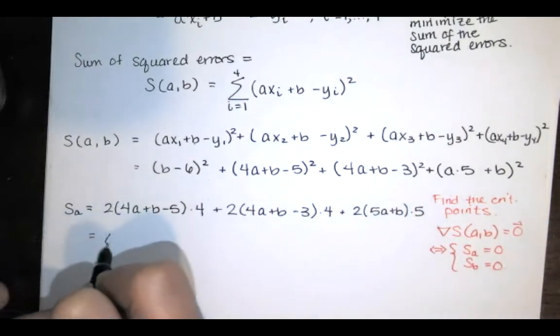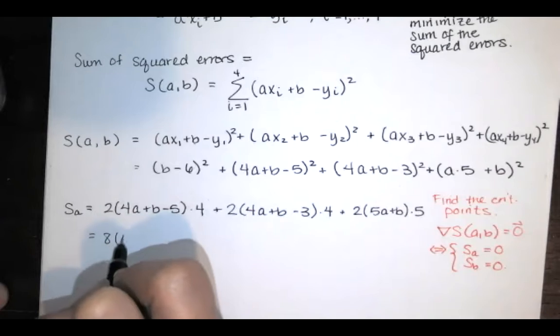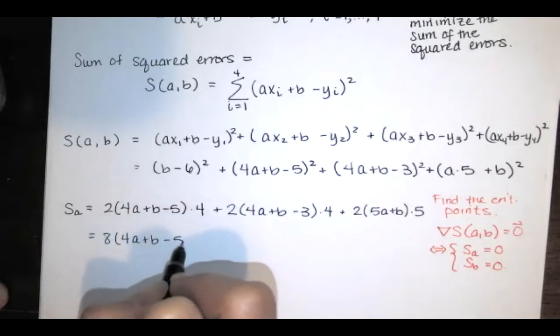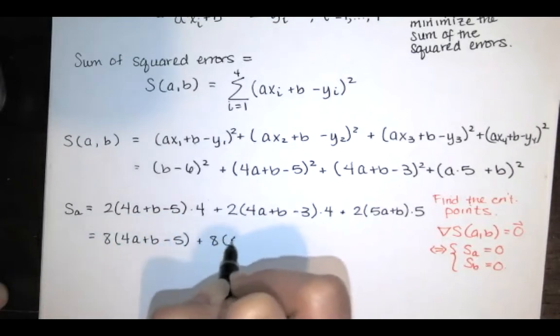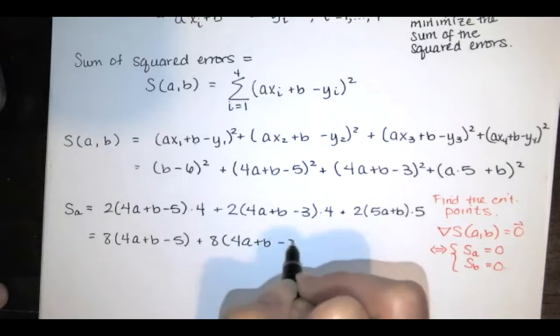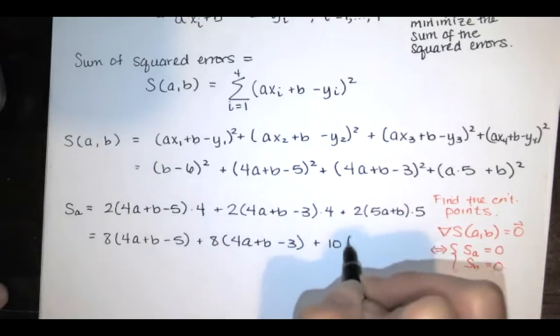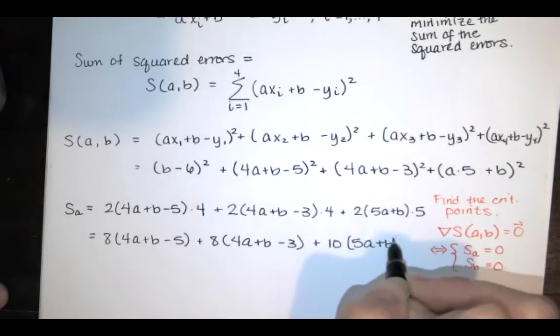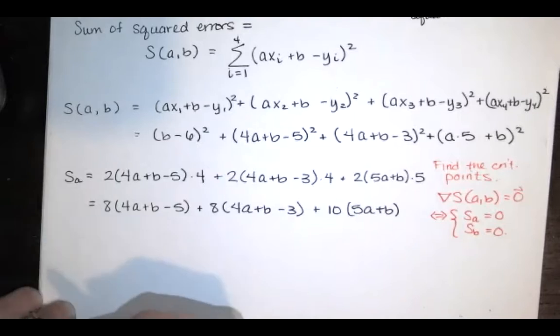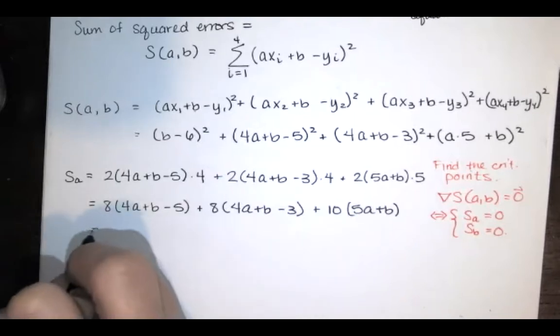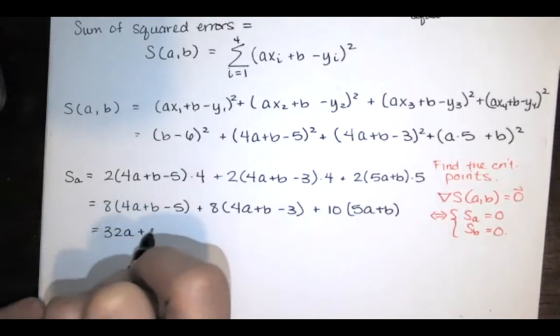So if we simplify that, we've got 8 times 4a plus b minus 5 plus 8 times 4a plus b minus 3 plus 10 times 5a plus b. And if you want, you could simplify further. Just distribute.